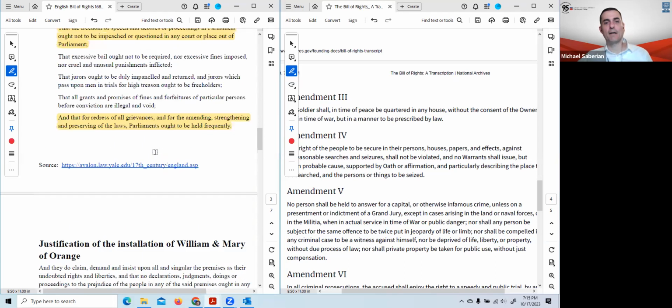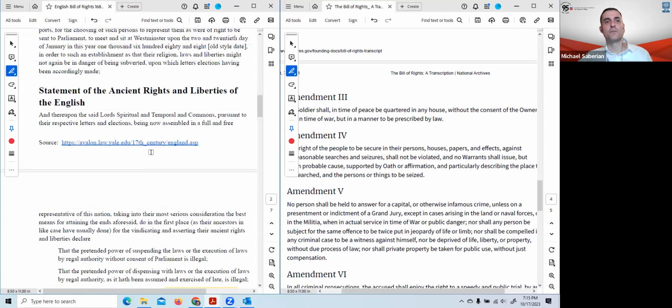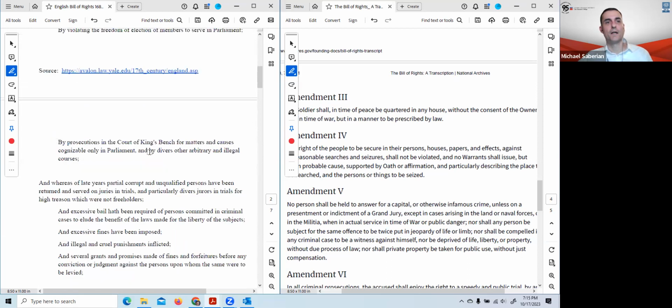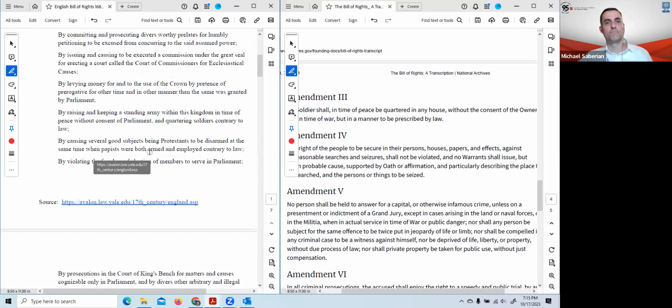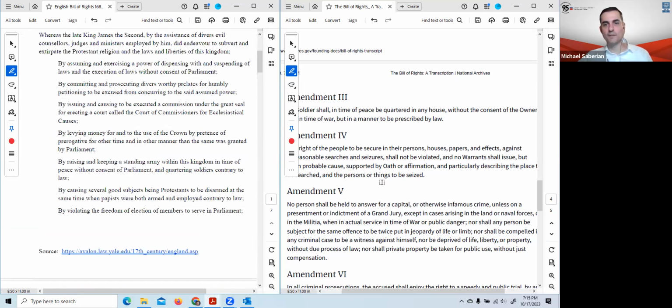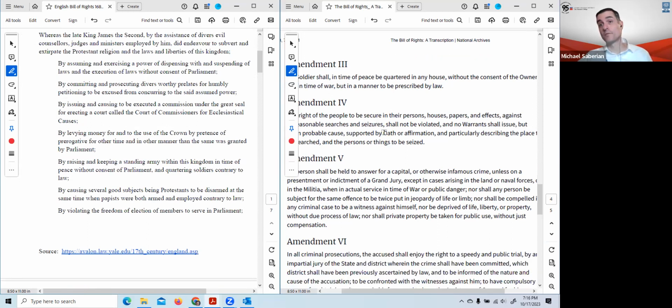You don't really have that listed, neither in the grievances nor in the actual statement of rights. So 3 and 4 are decently unique.